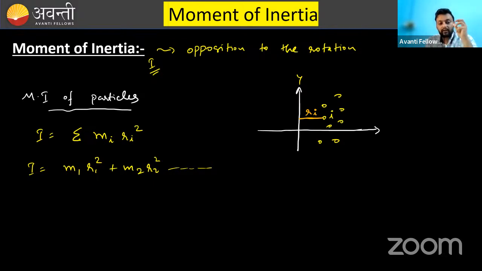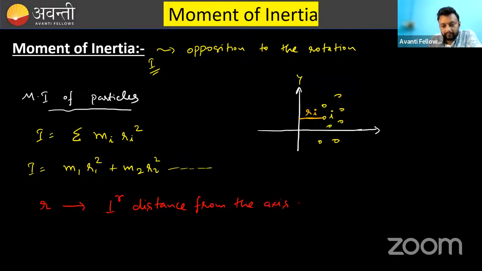One thing to be remembered very honestly: here r, whether it's r_i, r1, r2, or whatever, is the perpendicular distance from the axis of rotation. We will learn this by a few examples on the next slide.